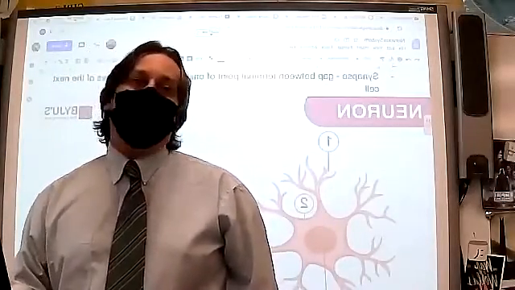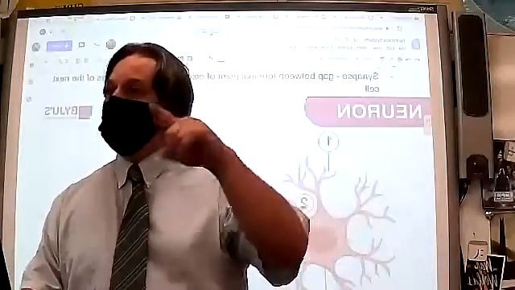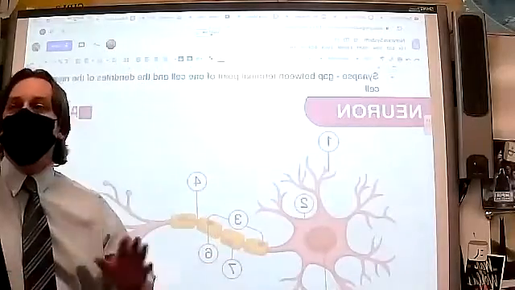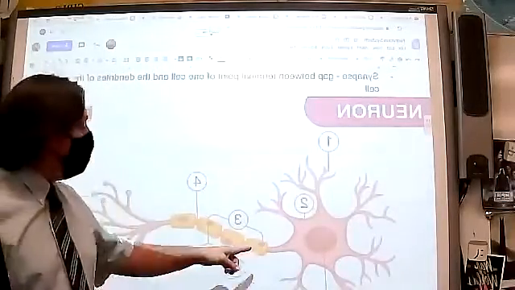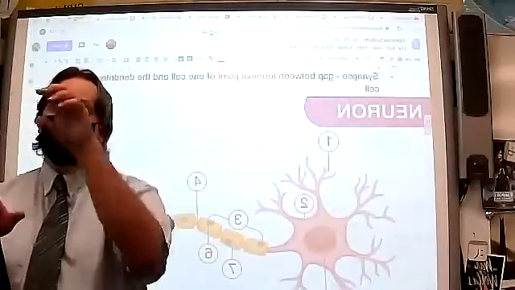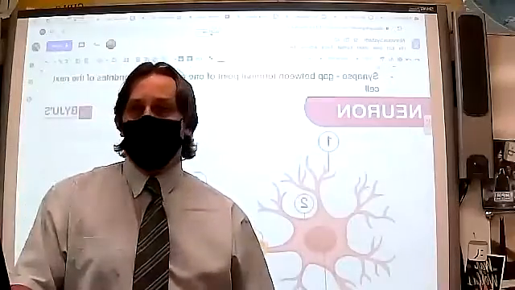So the easiest way that it does it is it changes what elements can go across the cell membrane. So to carry an action potential down, and we'll go in this way more in just a second, every little spot along the axon has to change ions, has to let certain ions in and pump certain ions out.